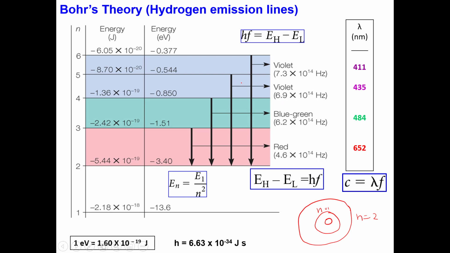The same happens when the electron moves from number 5 to number 2, the frequency also corresponds to the violet, and this is the frequency, and this is the wavelength. And the same for the other cases: from 4 to 2 is blue-green, and from 3 to 2 is red.